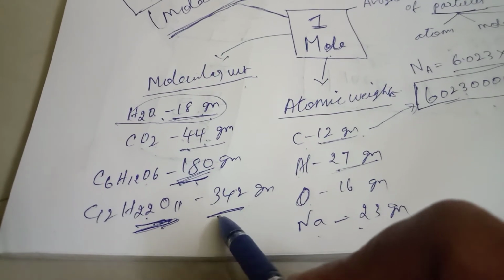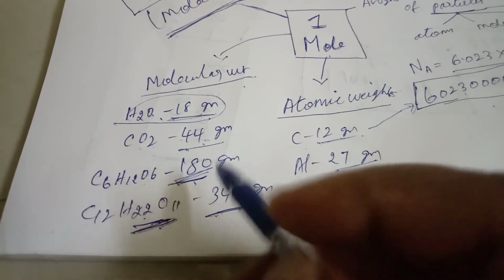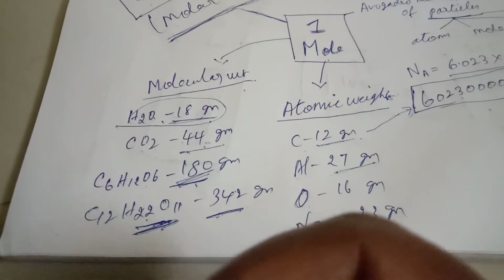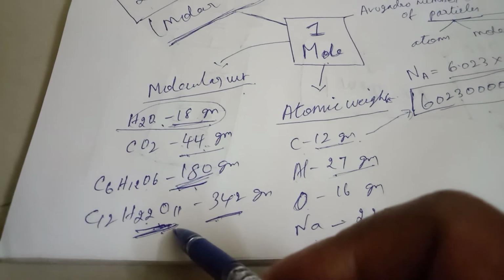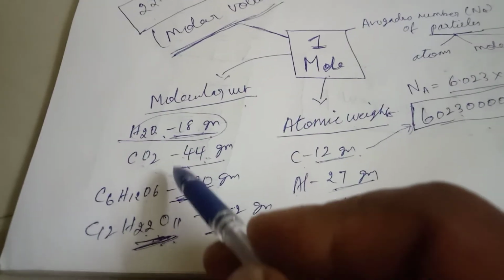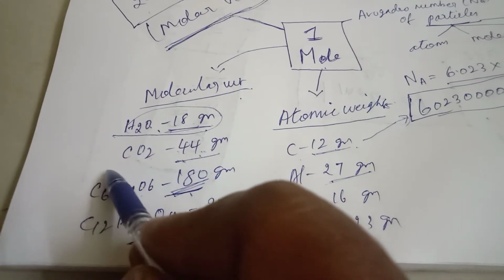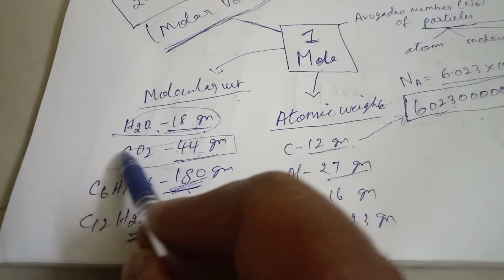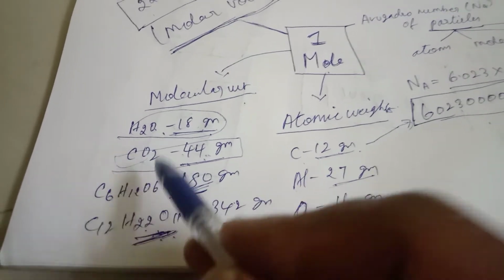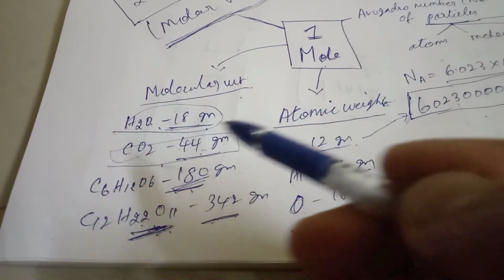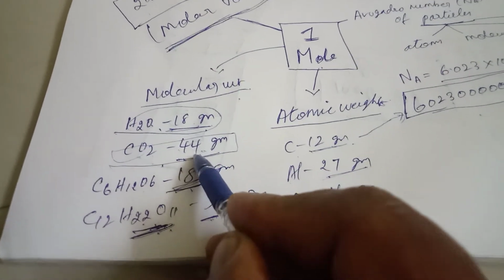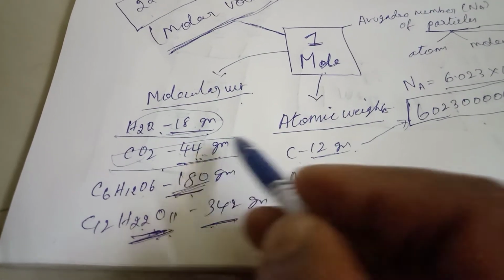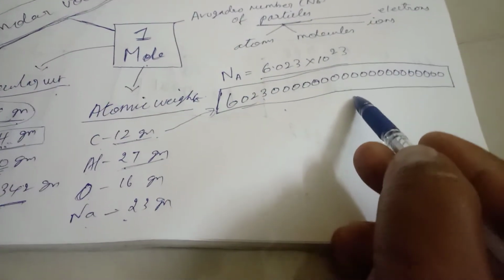So if I have 342 gram of sucrose in my hand, I can say it is 1 mole of sucrose. Very clear? Then if I have 44 gram of carbon dioxide, it is 1 mole. Then I count the number of carbon dioxide molecules in that particular weight of carbon dioxide. I can find this number of molecules.